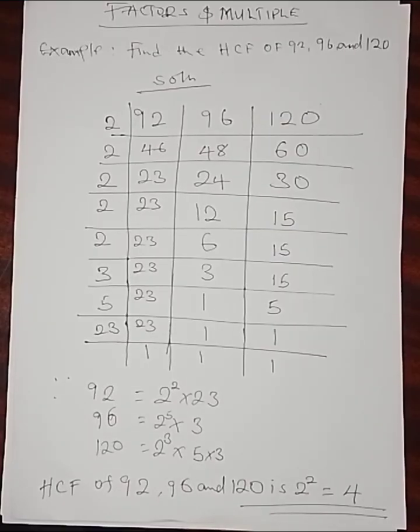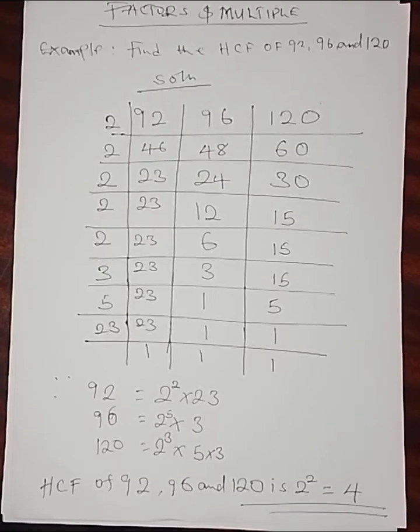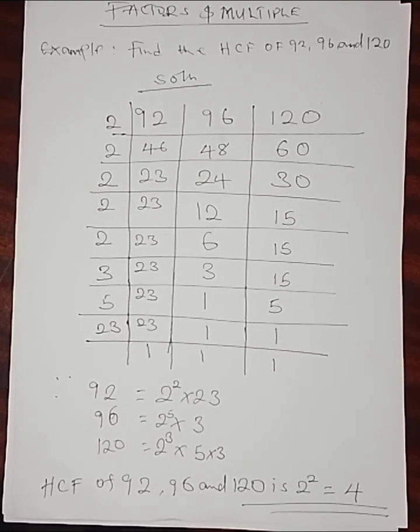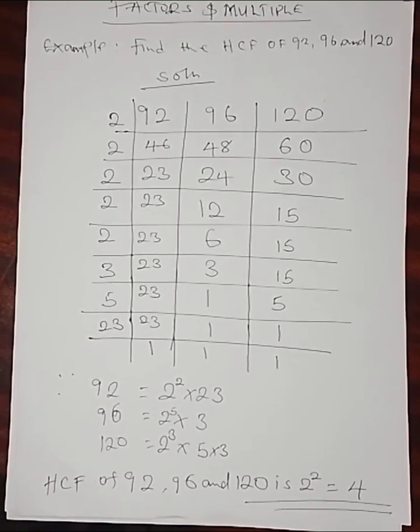You can get the highest common factor of 16 and 24. So go and try how to work it out. You do it as your activity, as your trial for this lesson.